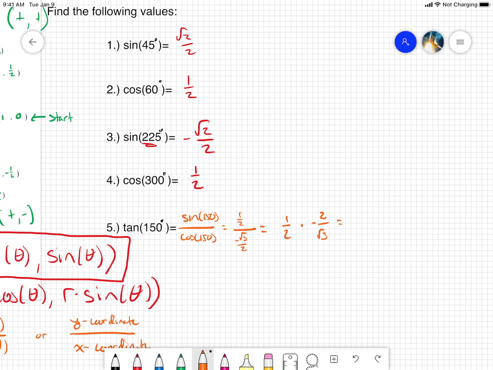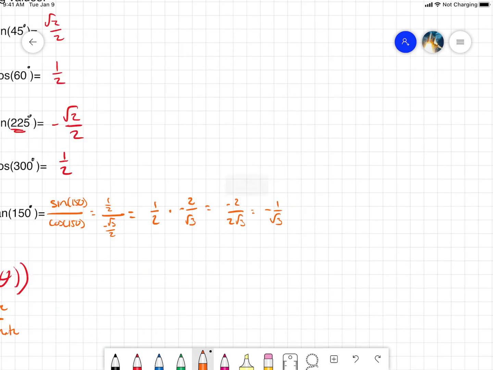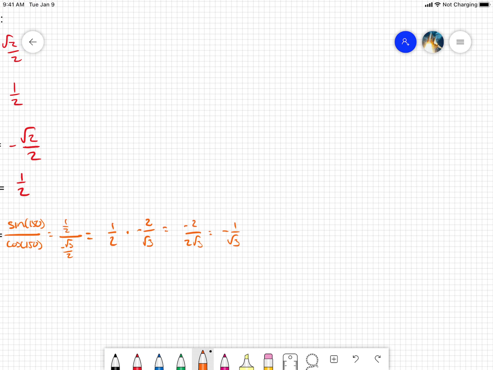Which will equal negative 2 over 2 rad 3, which is equal to negative 1 over rad 3, which is an improper form, which means that now I have to multiply this by rad 3 over 3 to rationalize the denominator, and I get negative rad 3 over 3 as my final solution. And that's how we can come up with values for sine, cosine, and tangent using the unit circle. Any questions on this?